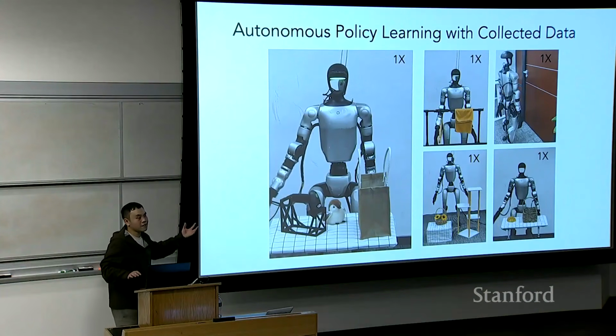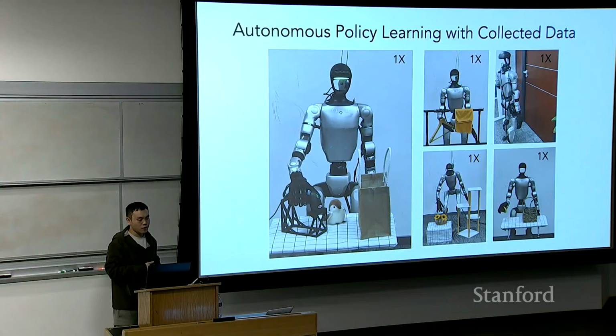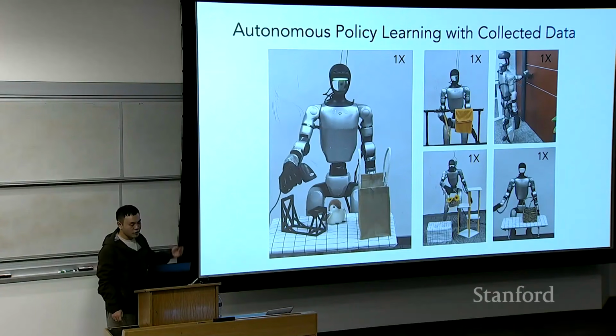And here, with the collected data, we can learn some policies and roll out the policies in the real world. And here is a policy evaluation in the real world.